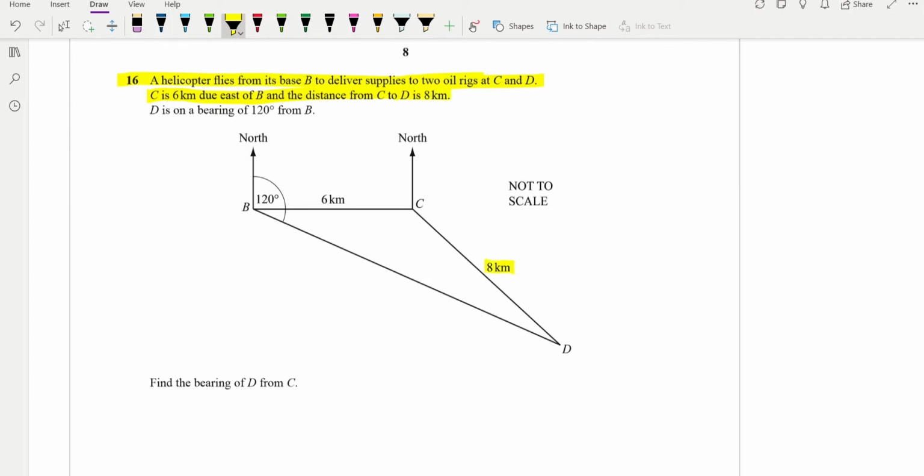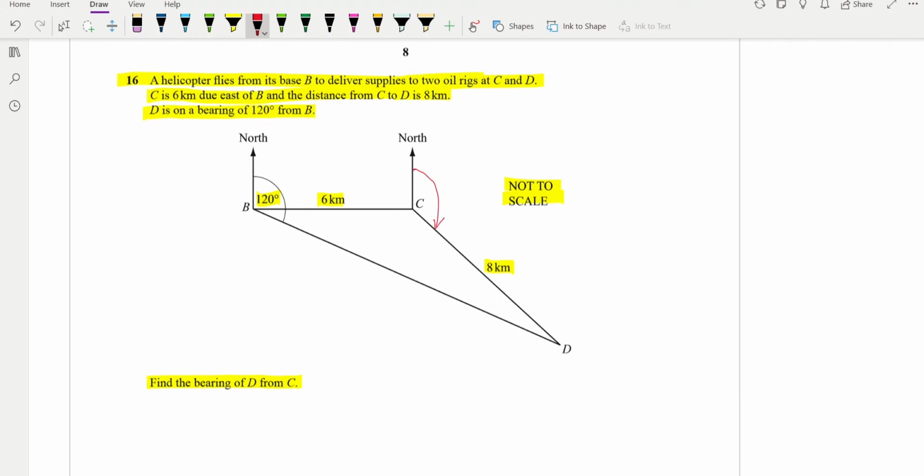So 8 kilometers this one, 6 kilometers this one, and the diagram is not to scale. D is on a bearing of 120 from B. What we have to do is find the bearing of D from C. So basically this angle is required.